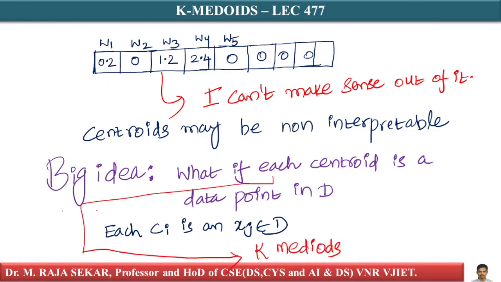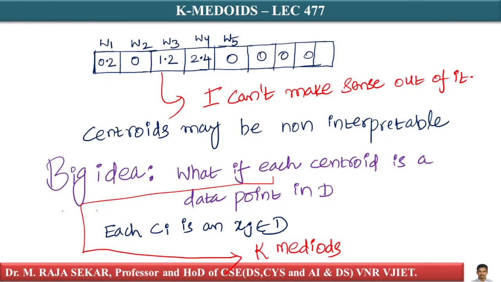Then your k-means becomes k-medoids, because you no more have a mean point as a centroid, you have the actual data point as your centroid. Such a system is called k-medoids.